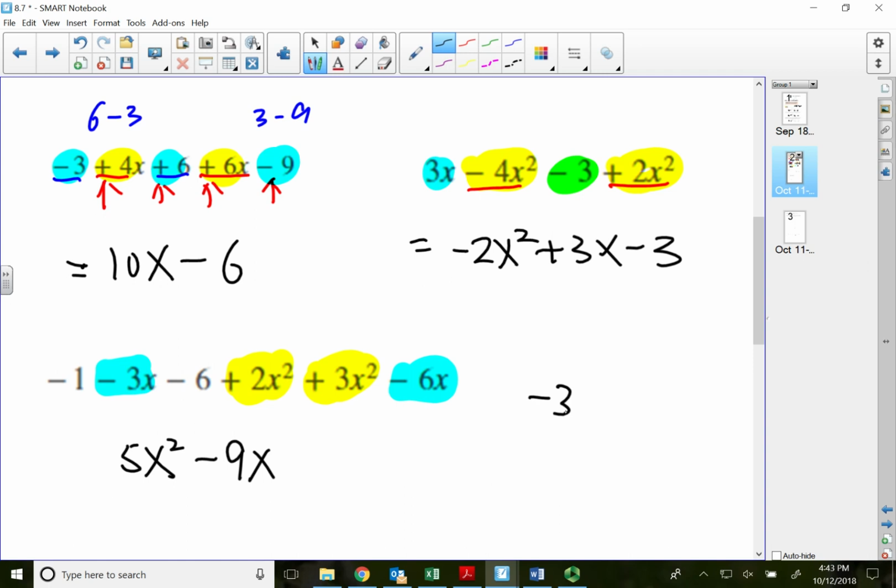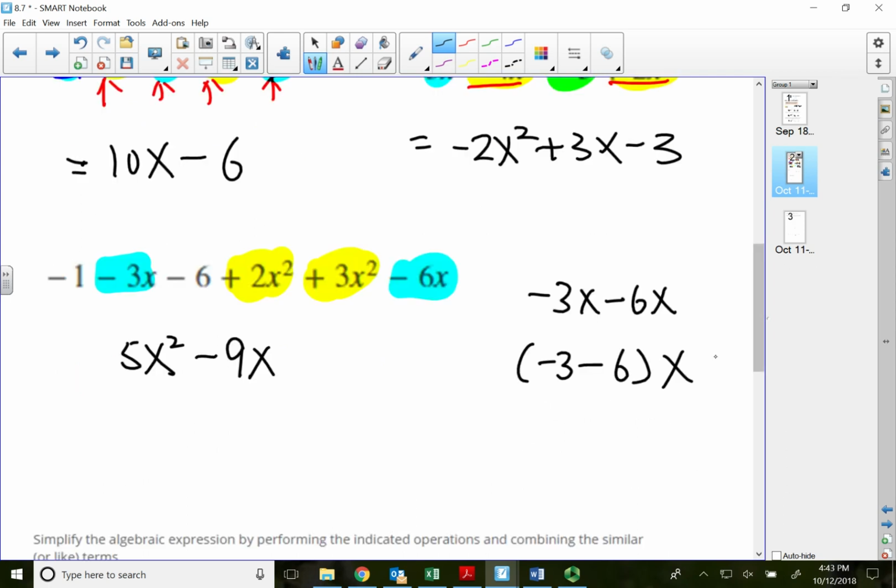If you learned it this way before, I bet if you read a tutorial, they're going to say something about making this into parentheses, negative 3 minus 6, and putting the x on the outside. It's actually involving factoring, which we don't introduce until Module 13 in Math 108.